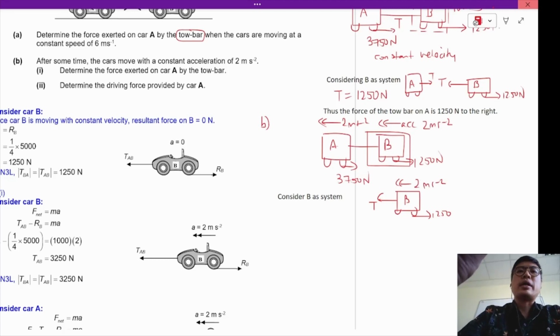So we can write that T minus 1250 is equal to the mass of B multiplied by 2. And this is going to give us T is equal to 3250 newtons.